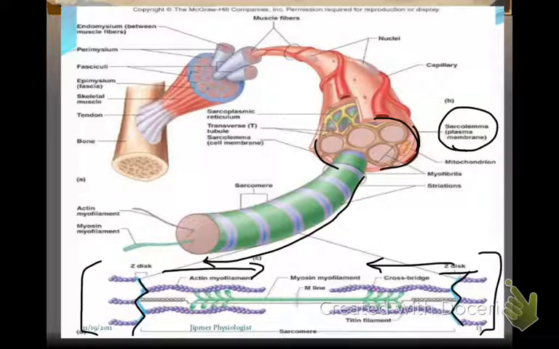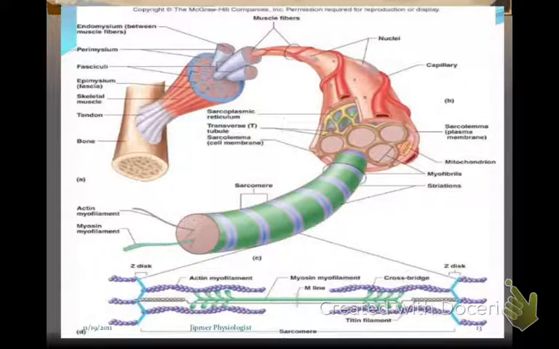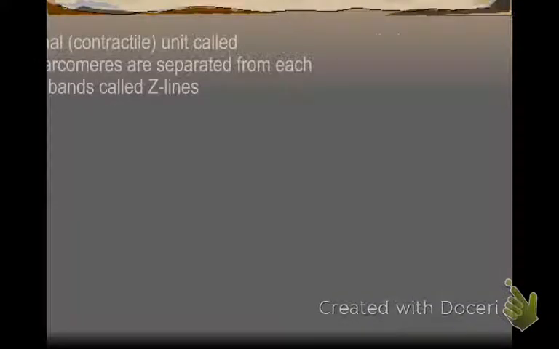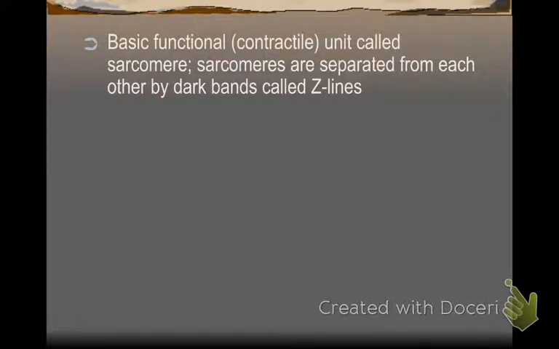Now, they're always overlapping somewhat, but maximal contraction is when you have that maximal overlap between the thin actin filaments and the thick myosin. And this is called the sliding filament model. Okay, so the degree of contraction is a result of how much overlap you have.